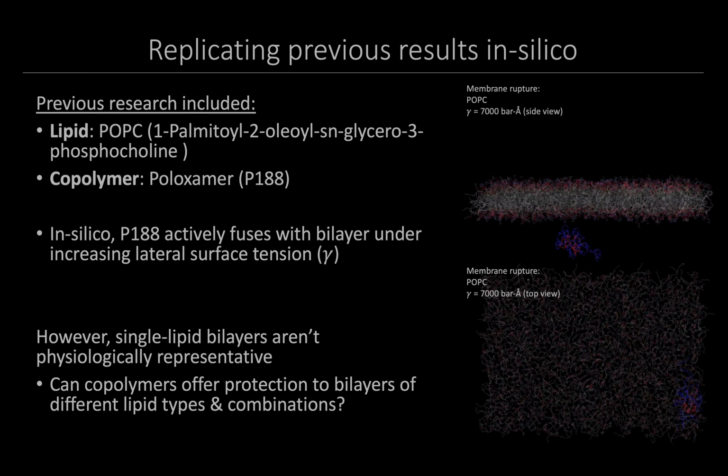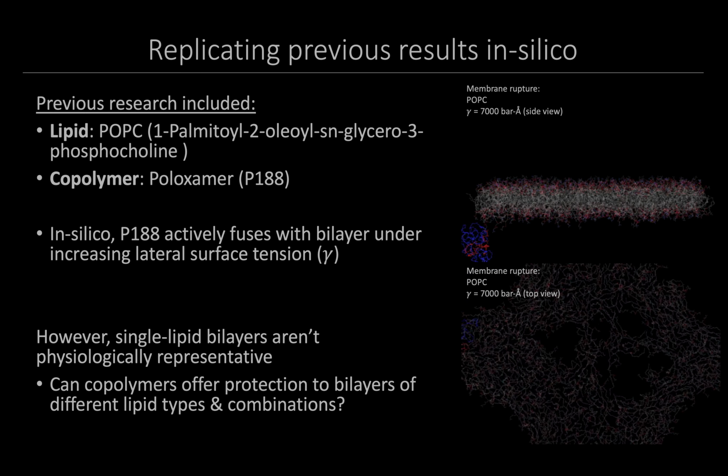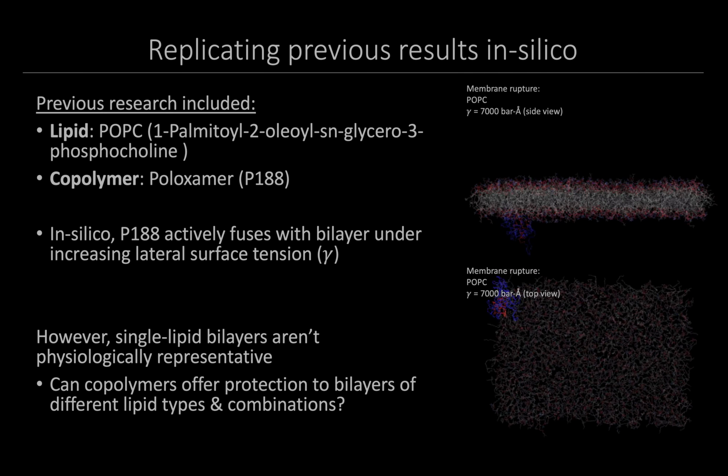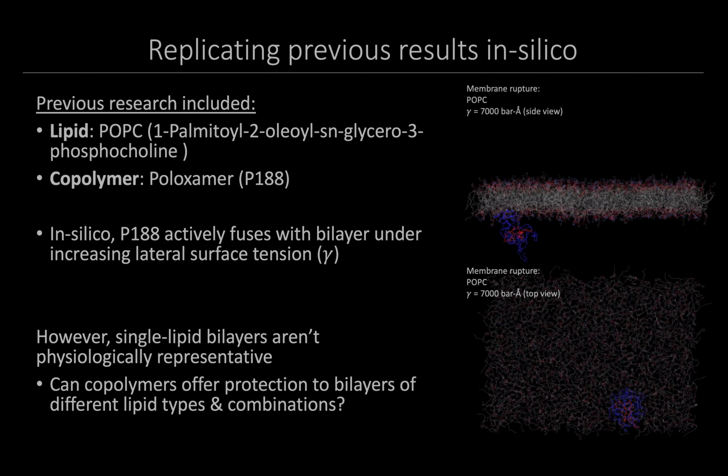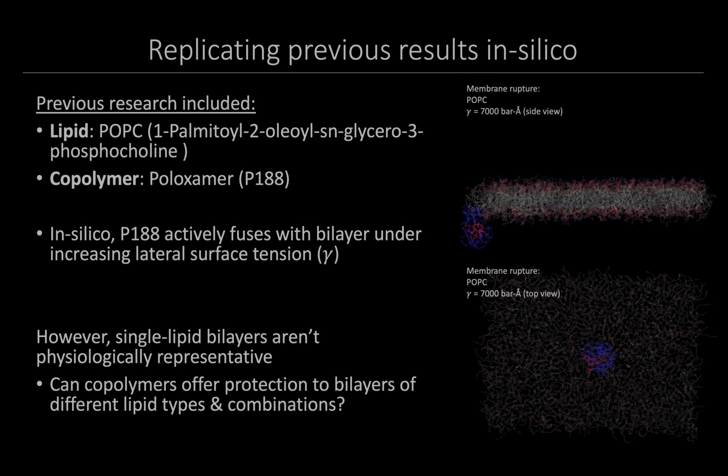But both experimentally and in silico, I found that a majority of current research focuses on lipid bilayers that are comprised of a single lipid type only, for example POPC. This isn't physiologically representative of membranes found in nature.